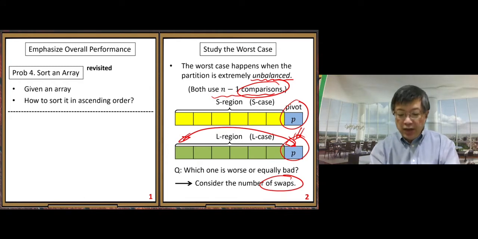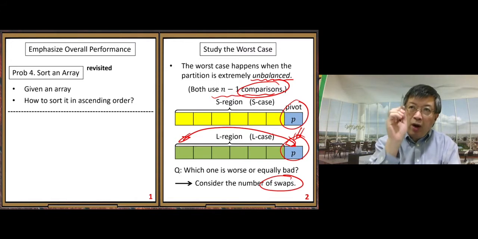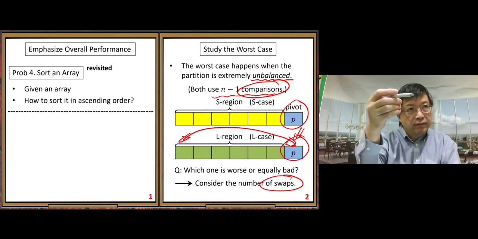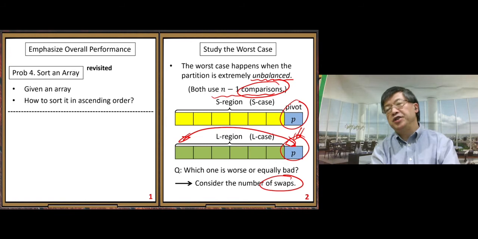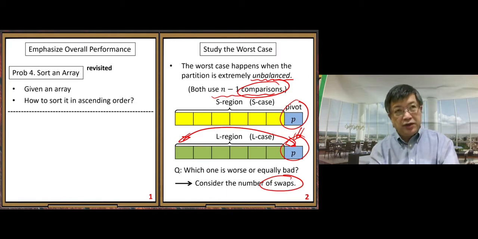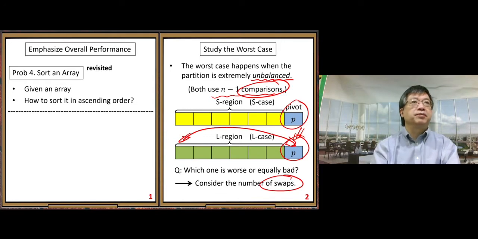That means for the L case, you need to use one more swap operation than for the S case. So that's a small difference, but it is different. The L case is slightly worse than the S case.